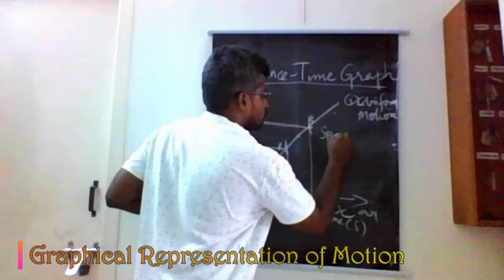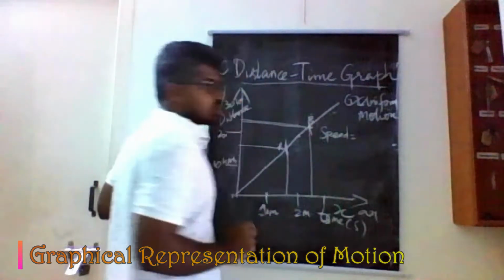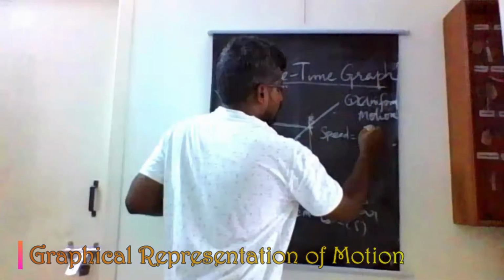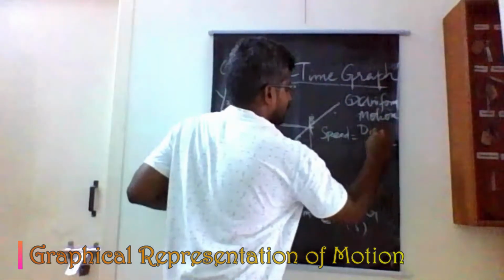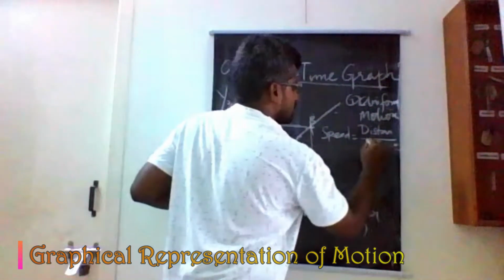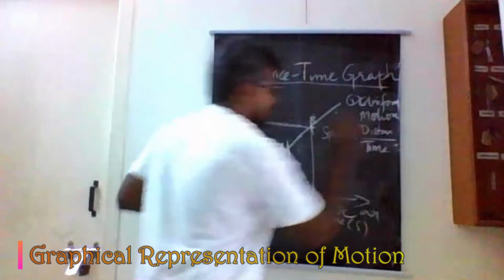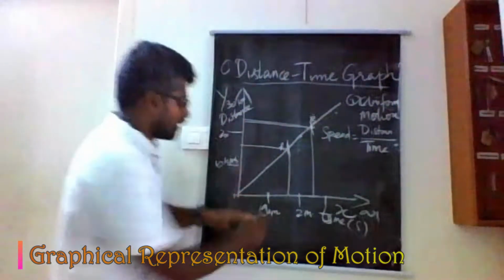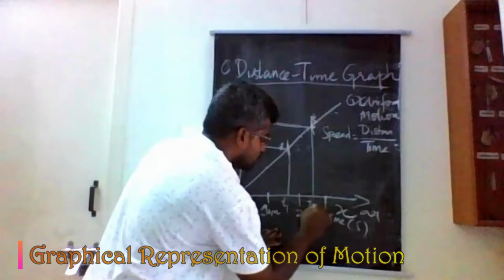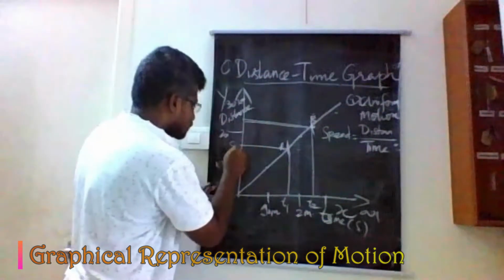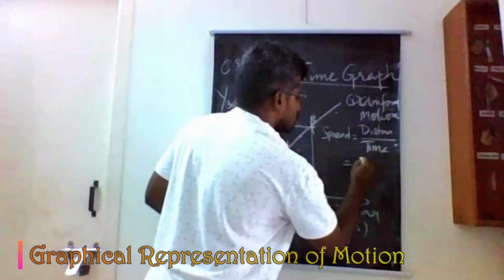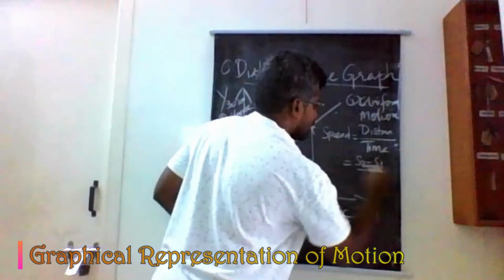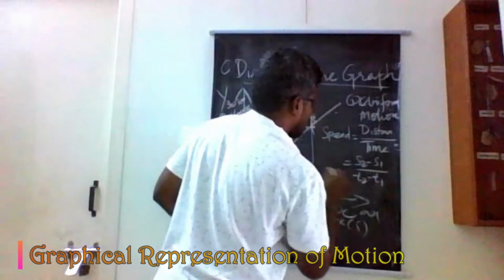Speed is equal to distance by time taken. So I call this T1, T2, and the distances S1, S2. So S2 minus S1 divided by T2 minus T1.